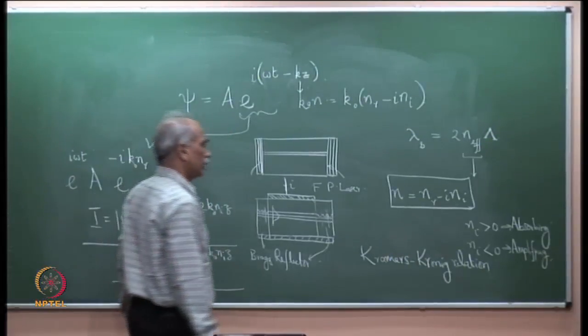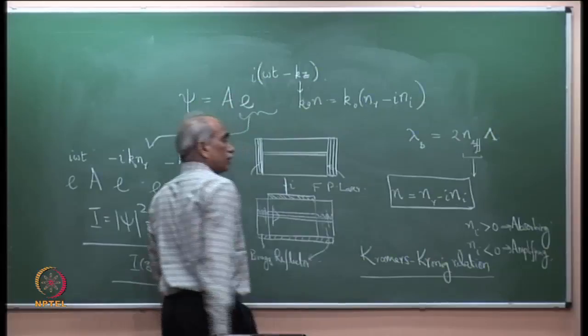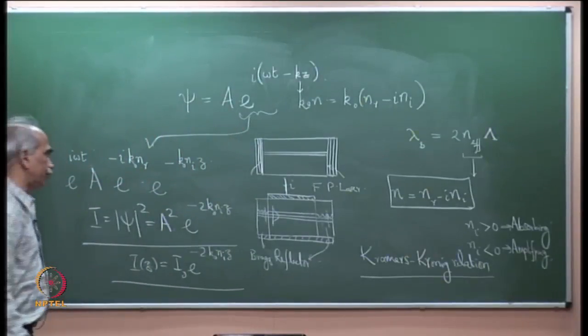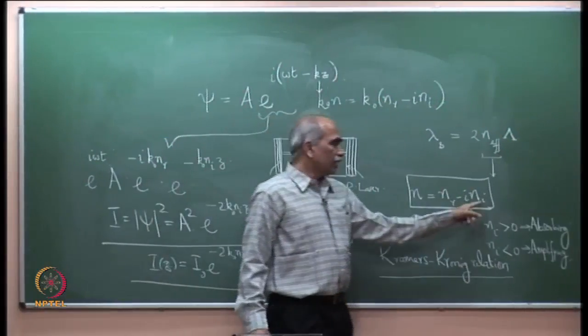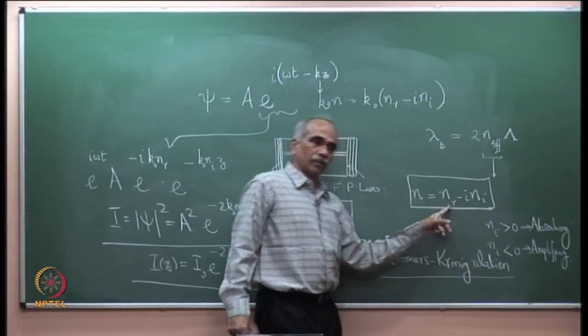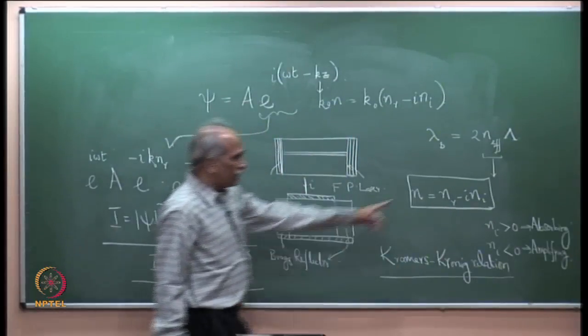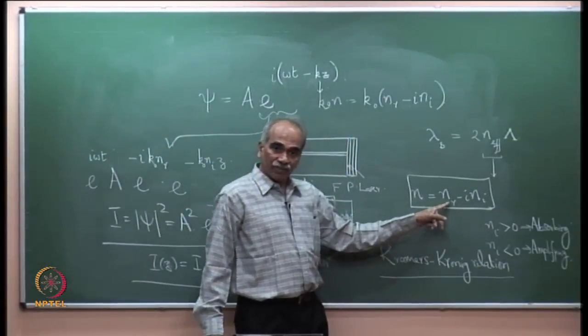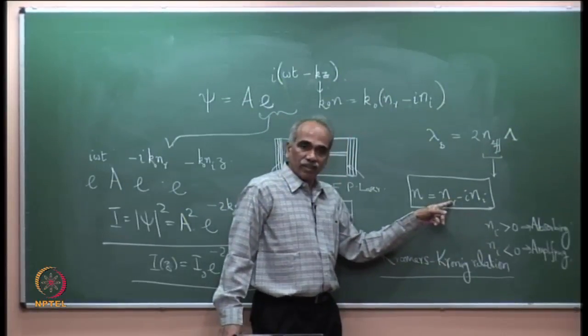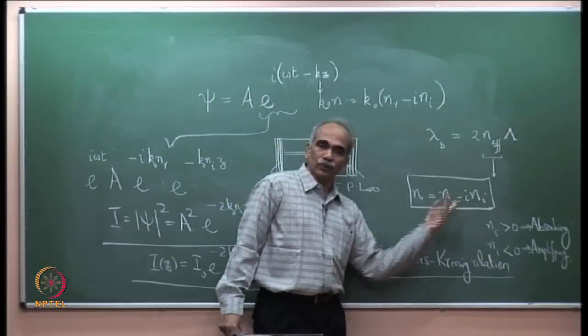This is true for any complex quantity of a real system, that the imaginary part of the complex number is related to the real part of the complex number. So, if this changes, NR, if this changes, they are linked through this relation.